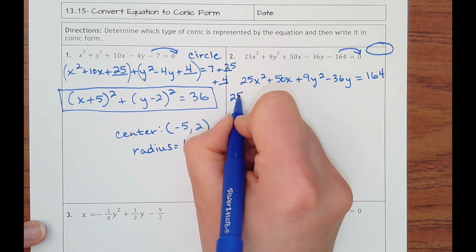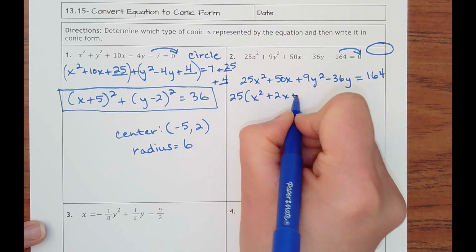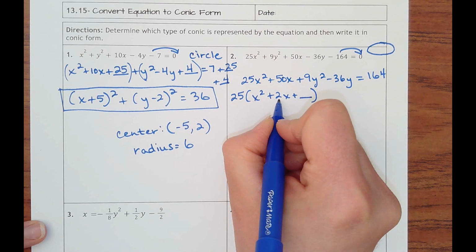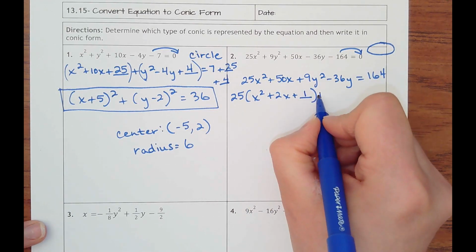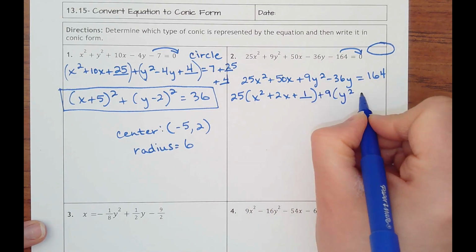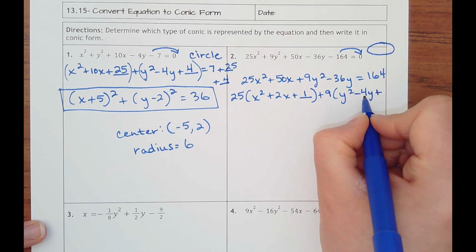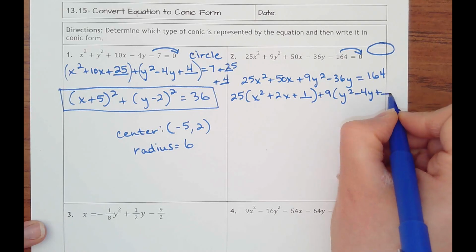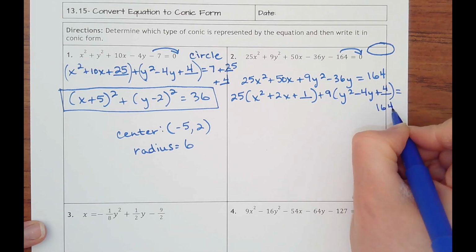Take out your 25, so that would be x squared plus 2x plus blank. Complete the square, that would be 2 divided by 2 is 1 squared is 1. Take out a 9, so that would be y squared minus 4y plus blank. That would be negative 4 divided by 2 is negative 2 squared is 4. Equals 164.